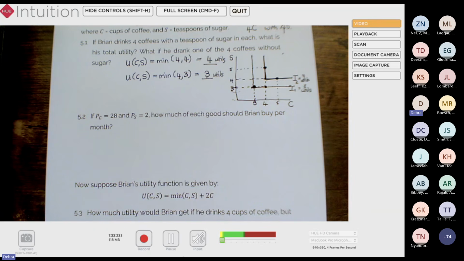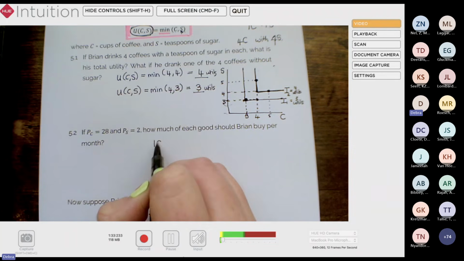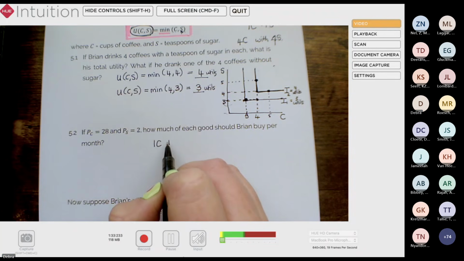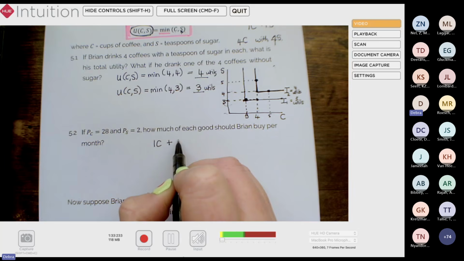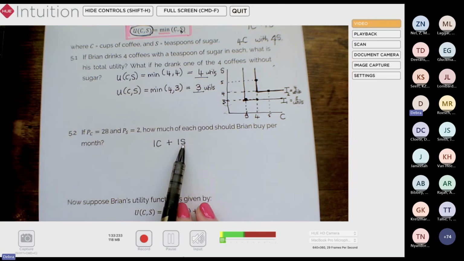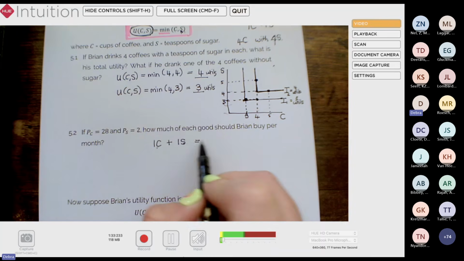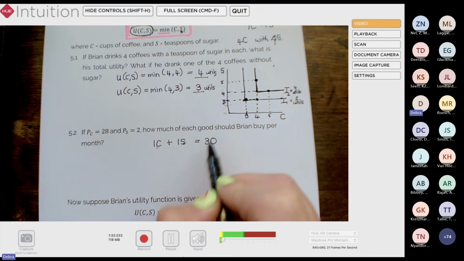So he's always going to be combining a cup of coffee with a teaspoon of sugar. That means that when he combines his 2 products in the ratio that he wants, it's going to cost him a total of 30 Rand.